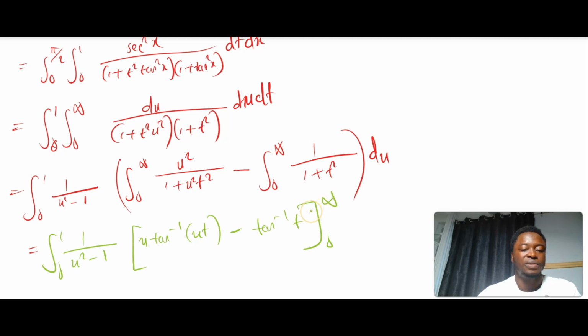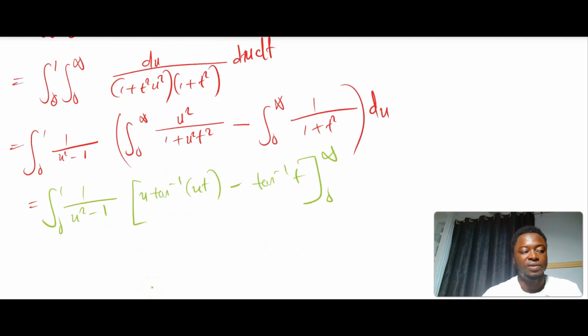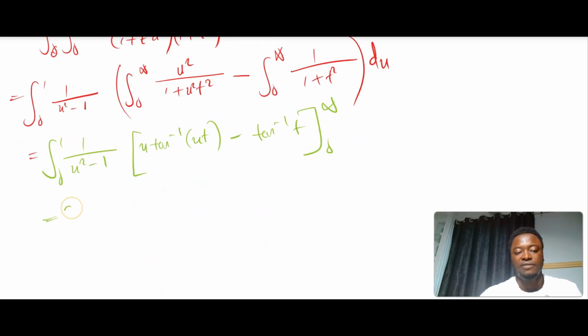So from infinity you get pi over 2, and from 0 you get 0. So you have the integral from 0 to 1 of 1 over t squared minus 1.